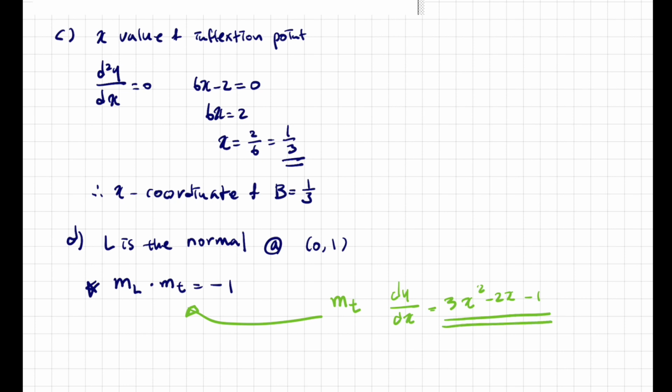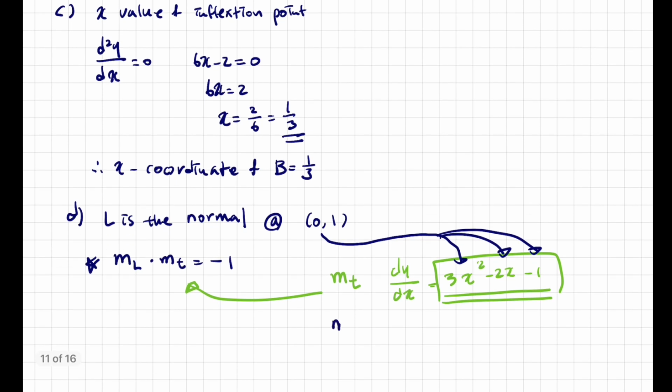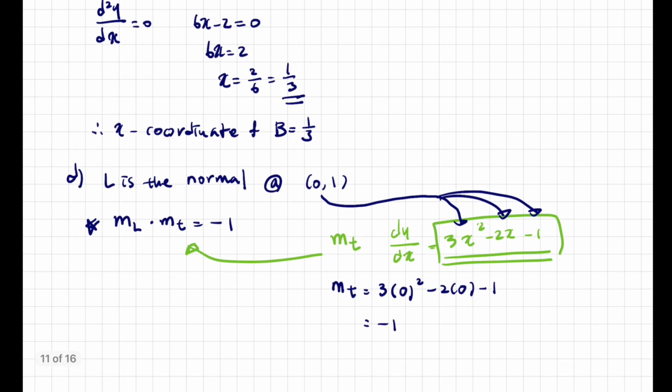So using this equation, we are going to substitute the x value of the given point into the first derivative equation, okay? Then we can calculate the slope of the tangent as 3 times 0 squared minus 2 times 0 minus 1, which is the same as -1, right? Then using that information, we can say that the slope of the normal line is -1 over the slope of the tangent line, which is -1 over -1, which is the same as 1, right?